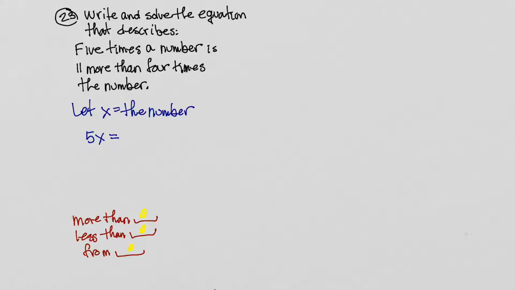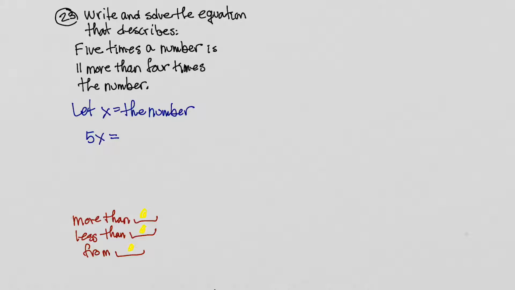You've got more than this: start here, and then add something to it. Less than this: you have this, then you subtract something from it. And if you're going from this, you start here, and from here you go someplace. So when you see more than, less than, from, whatever follows that, that's where you start.